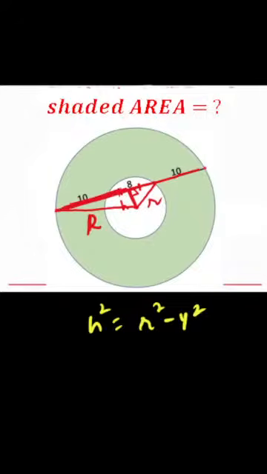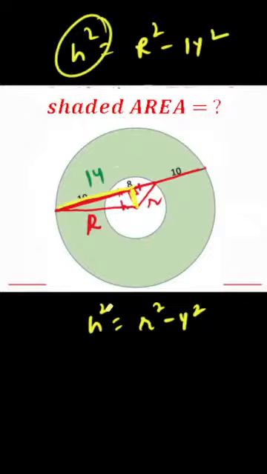This much length is going to be 14. So apply the same Pythagorean theorem again. This height is h only. So we can write that capital R square is equal to h square plus 14 square, and from here h square is equal to capital R square minus 14 square.